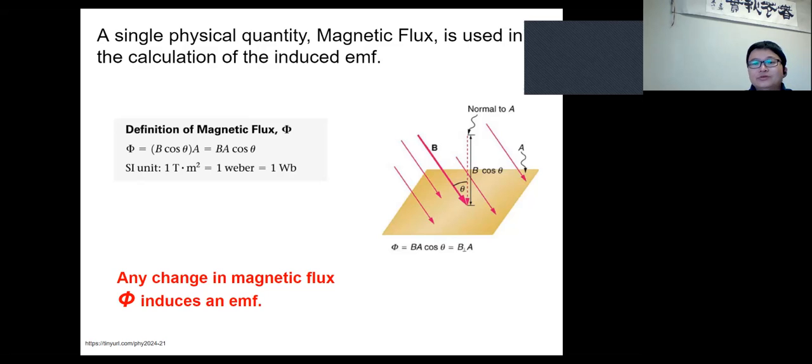And the third way is to change the angle between the normal direction of the loop and the direction of the magnetic field. So with any of these three ways, you can actually induce EMF. Okay, all right.